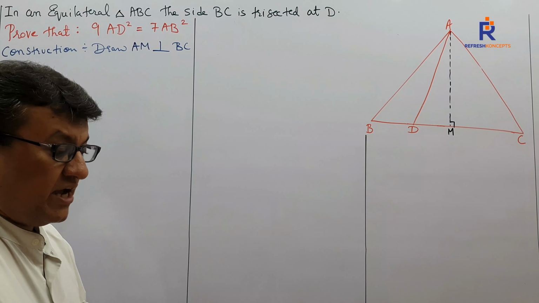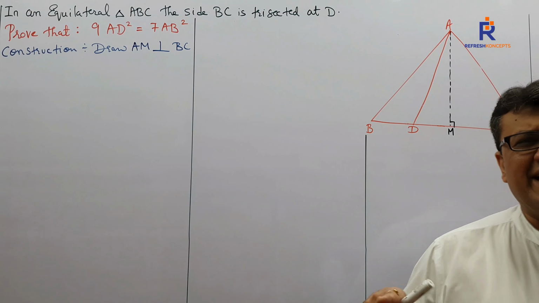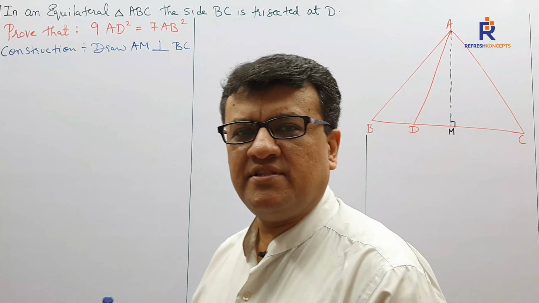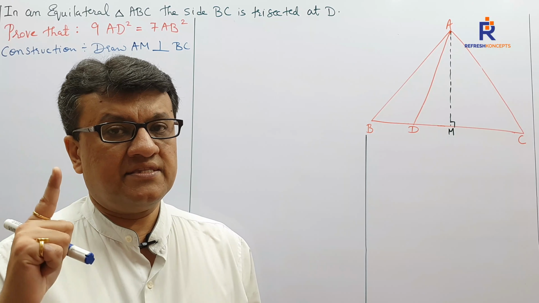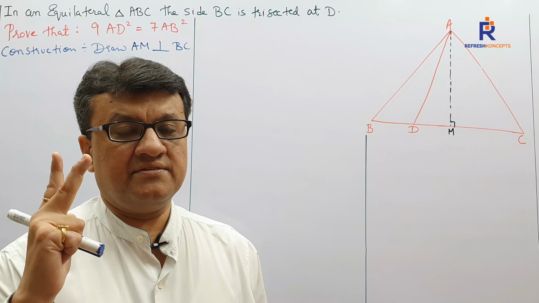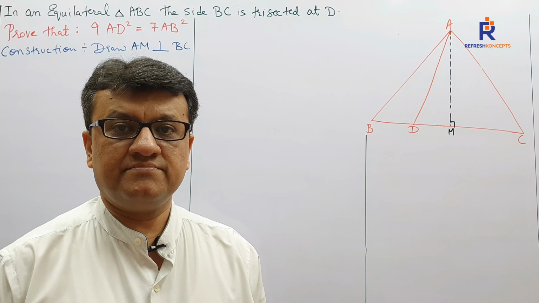Before I start, I want my children to know this much. What is it? In an equilateral triangle, all the three sides are equal. Sir, we all are aware. In an equilateral triangle, the altitude, median, angle bisector, perpendicular bisector, all are the same.